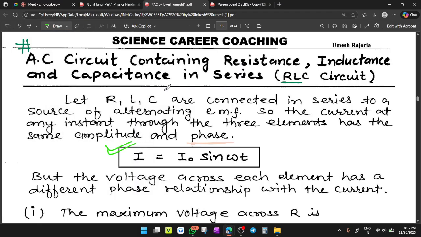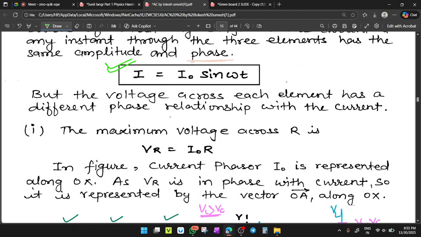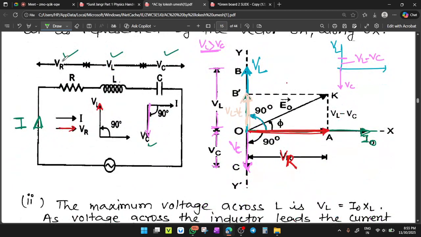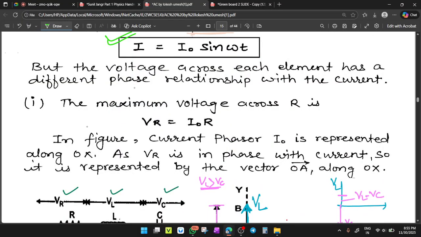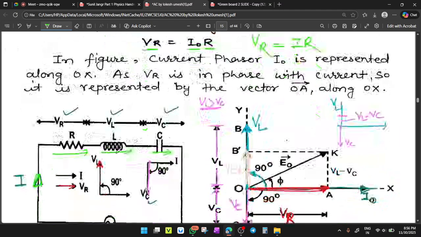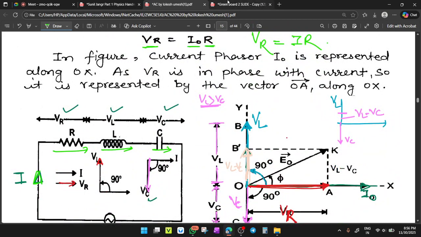As the circuit is in series, each element has the same current I. But the voltage across each element has a different phase relationship with the current. So the maximum voltage across R will be V maximum equals I naught R, but the voltage at any instant equals IR. Okay. So I have solved this derivation by using IR.